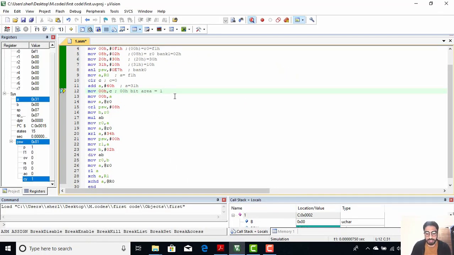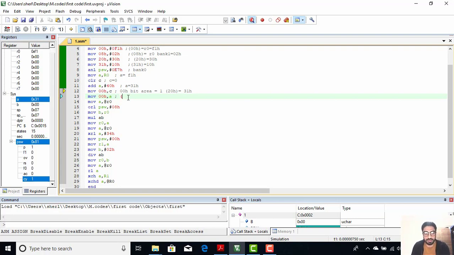So we need to write the new value of 20 hex. We're going to add 1 to it. Since it was 30, now it's 31 hex. And now we move the value of A, since we are in the bank 0.